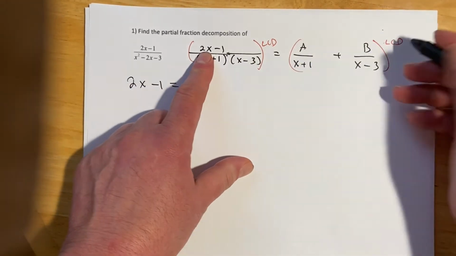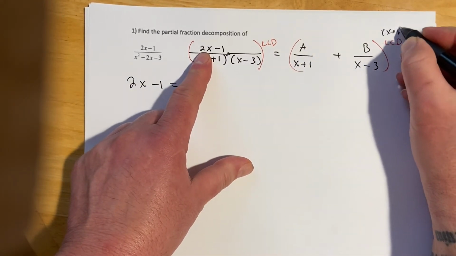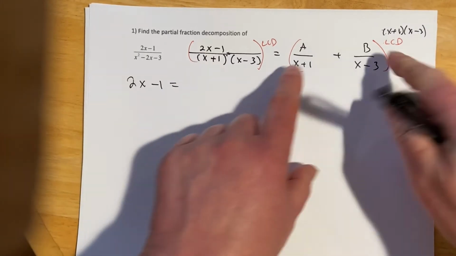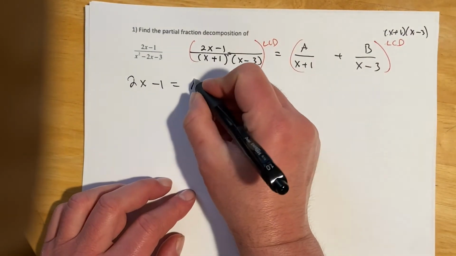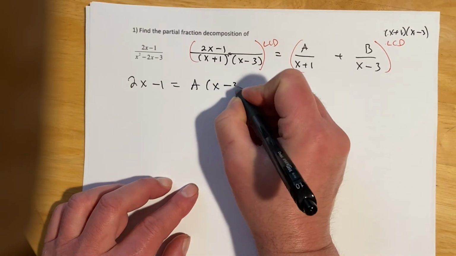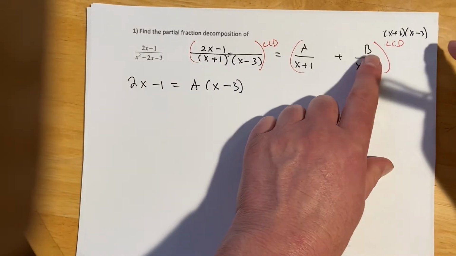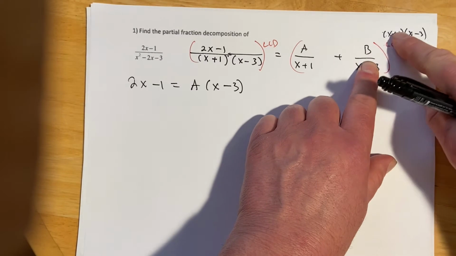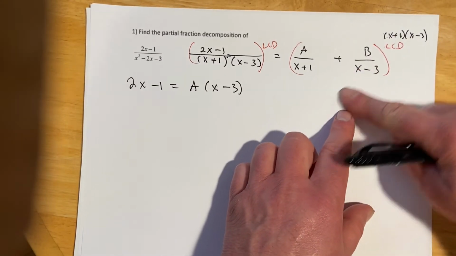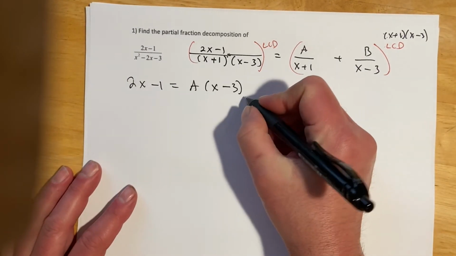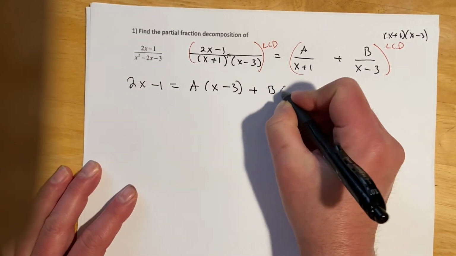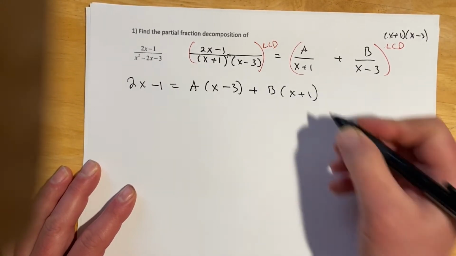So here the x + 1s would cancel, leaving the a and the x - 3. And then here the x - 3s would cancel, leaving the b and the x + 1. So whatever here goes away, and then whatever's left is what's with the variable.